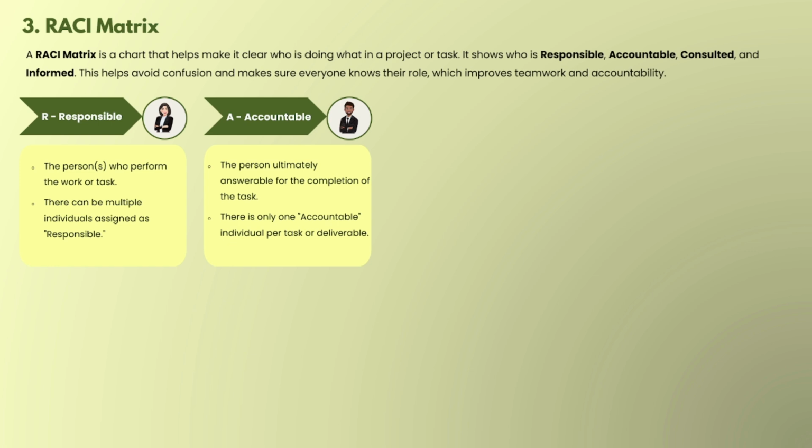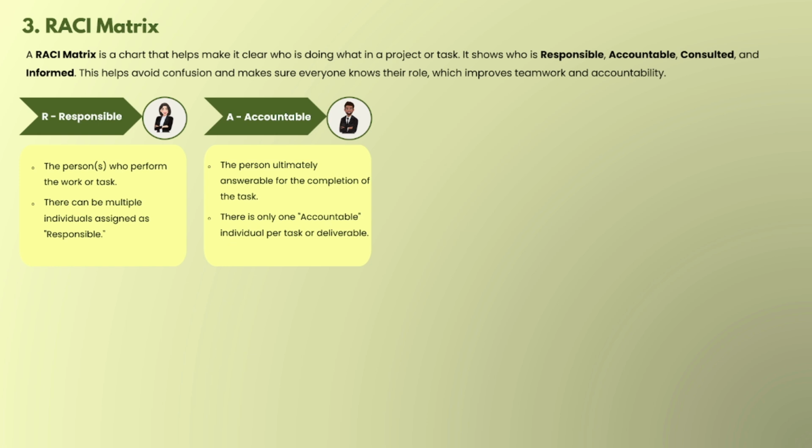Who will be the accountable? Accountable should be the project manager. The project manager doesn't do the actual work of gathering requirements; the responsible person is the business analyst, but the project manager makes sure it gets done properly and on time.